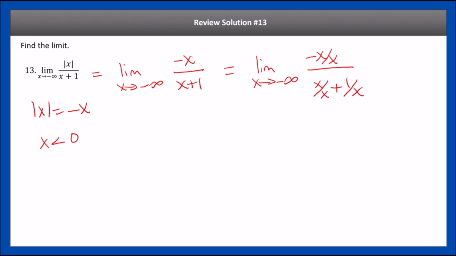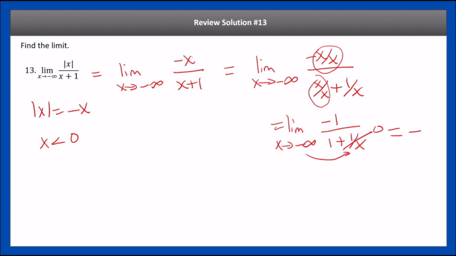So these cancel out, leaving us 1 and negative 1, right? So we get the limit as x approaches negative infinity of negative 1 over 1 plus 1 over x. Then if we plug in infinity here, this turns into 0. So it leaves us with negative 1 for the limit.